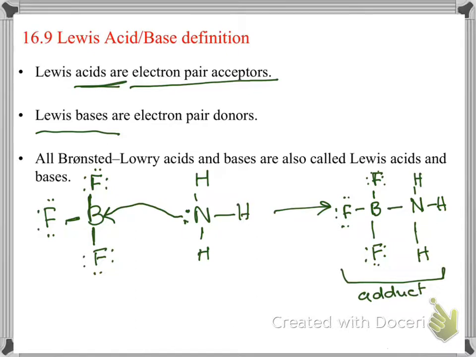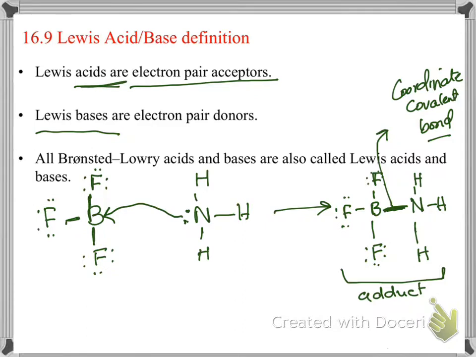In the Lewis adduct, a covalent bond is formed in which the shared pair of electrons both come from the same atom, which is nitrogen. This type of bond is also known as a coordinate covalent bond, because both electrons are coming from the same atom.